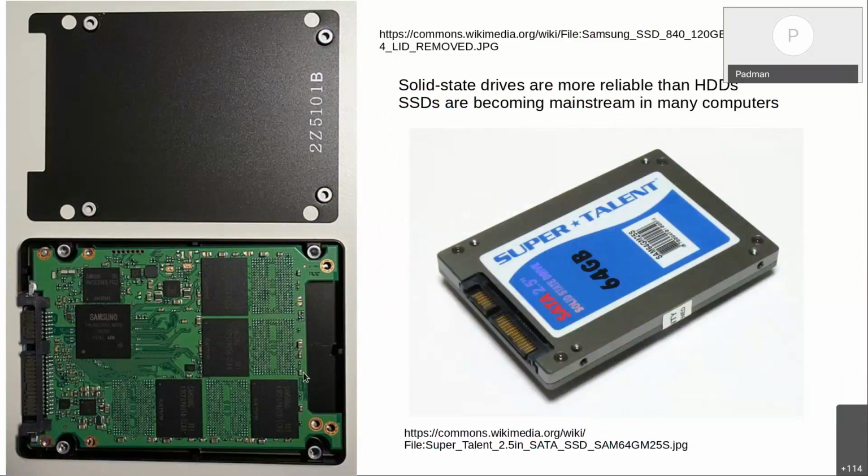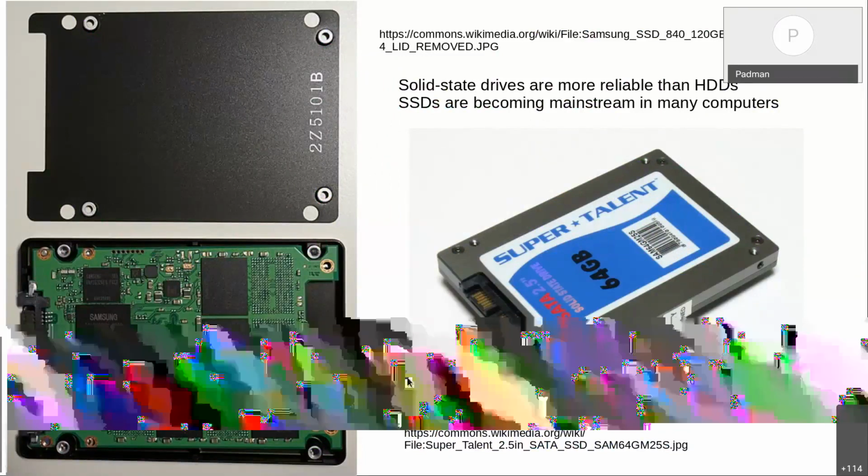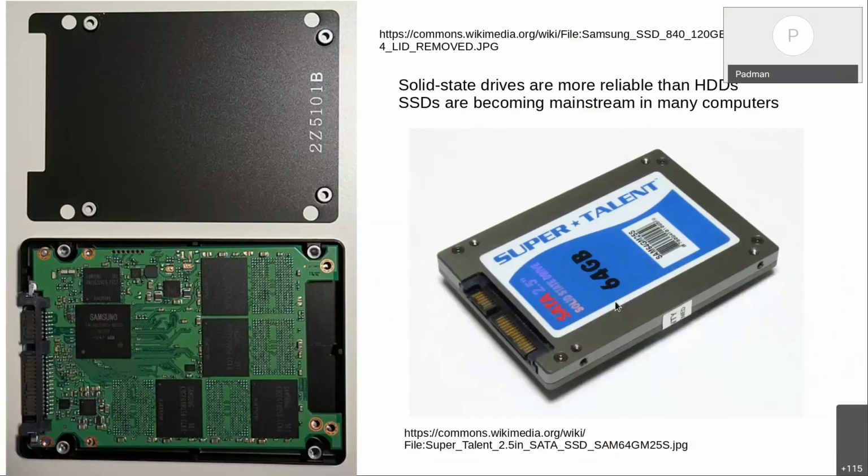So it is just like a USB stick, except that it is mounted inside the PC, and it has got connectors to connect to the rest of the PC. So SSDs, solid state drives, are fast becoming common. Okay, and they are much more reliable and much faster because there is no electromechanical movement here. It's very fast.